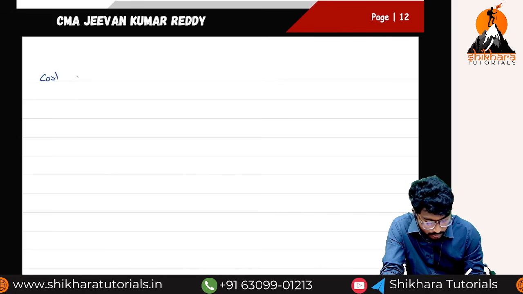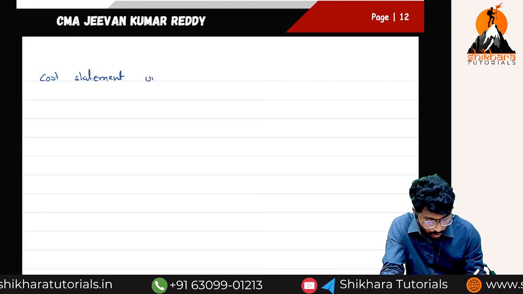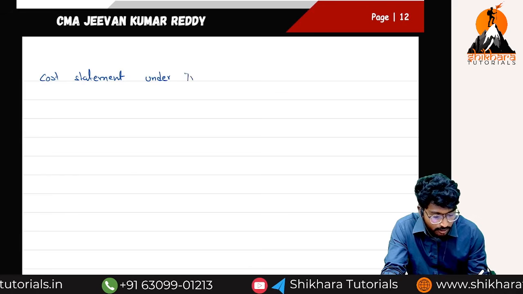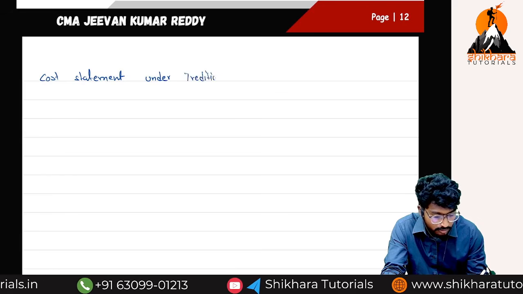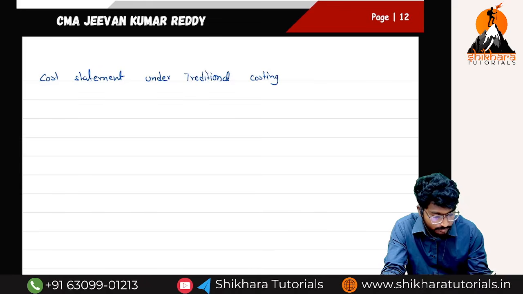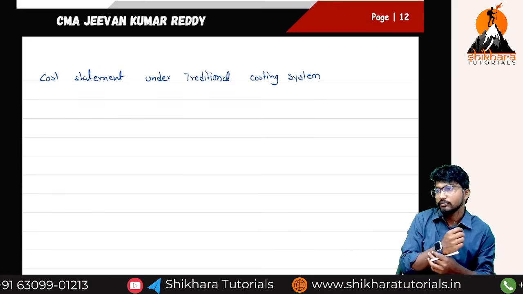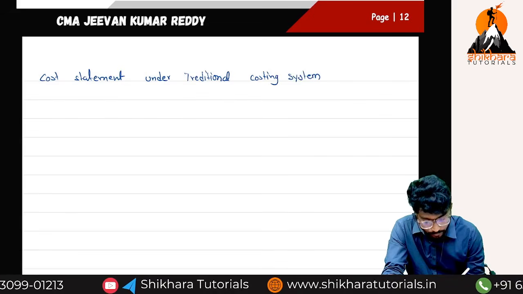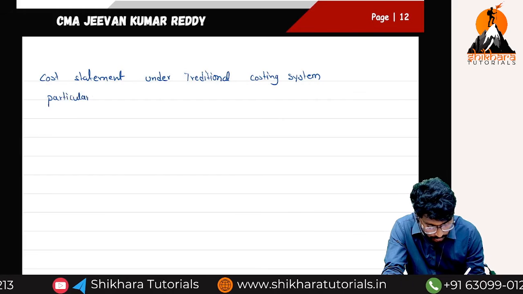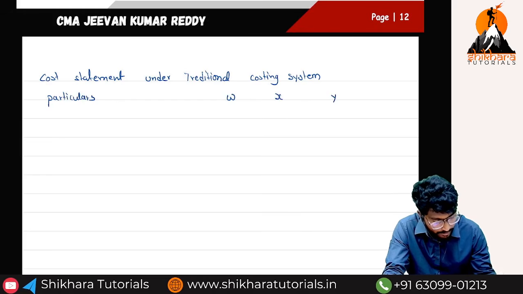So the cost statement is under the traditional costing system, with particulars W, X, Y and Z.